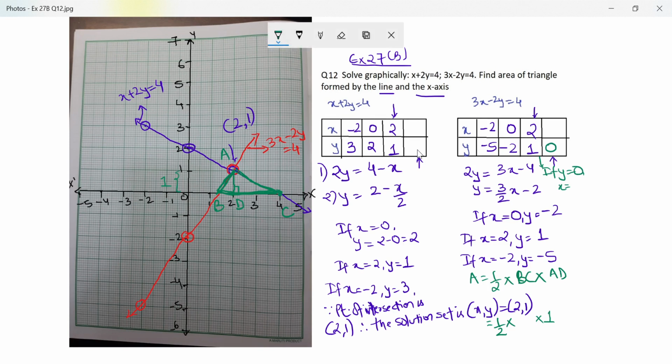You don't necessarily need to show it in your exam, but this helps us get exact values as answers. So if y is equal to 0, then 3 by 2 x is equal to 2, which means x would be equal to 4 upon 3, which is somewhere around 1.3.